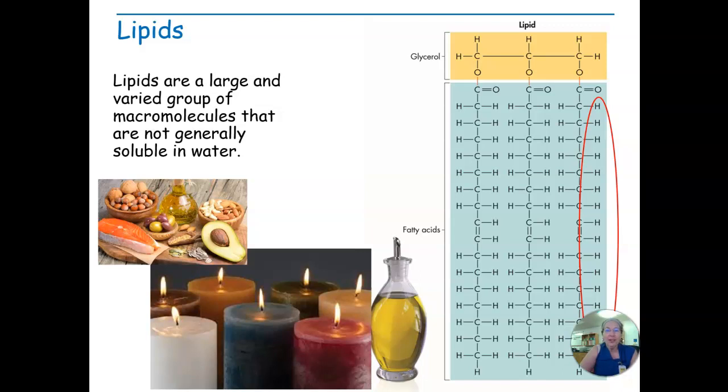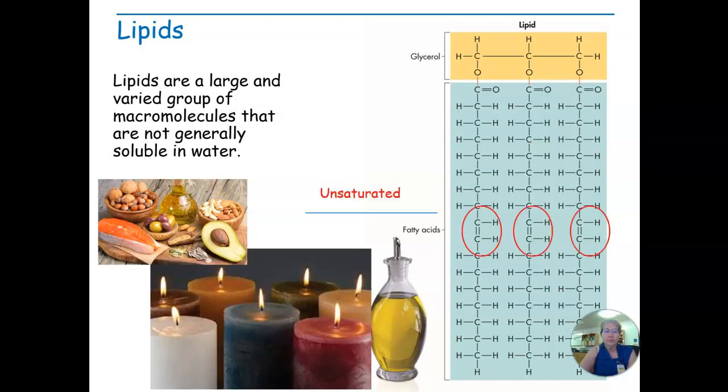So here's just an example of what a lipid molecule might look like. Here you have the glycerol, and here are the fatty acids. This part right here is what makes it an acid. And so this lipid here that we're looking at is unsaturated because here's some of those double bonds.